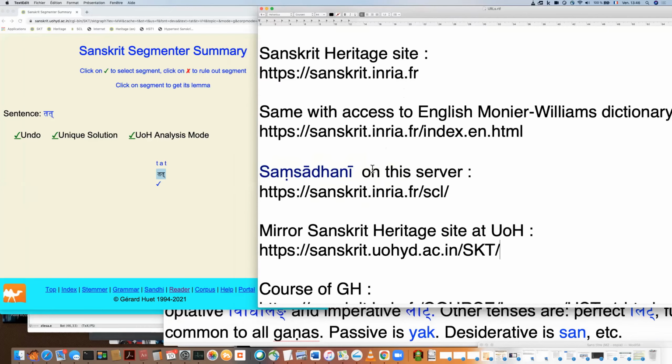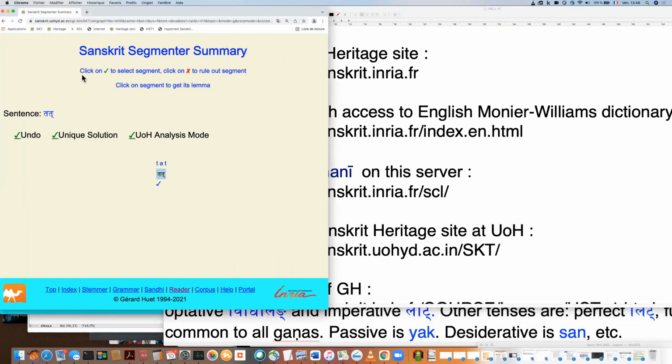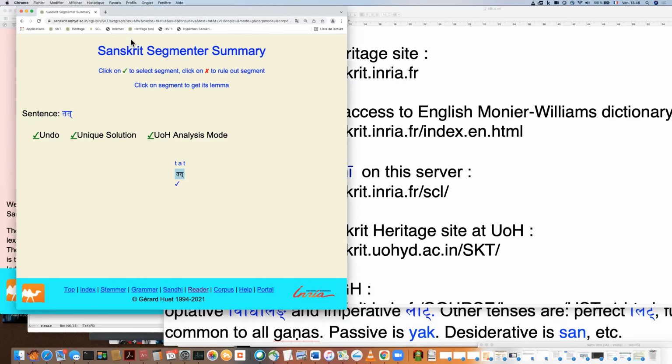Okay, so I understand the question now. Madam, when you're on your navigator, you can type in the URL. You have shown "tat" in this segment. What analysis have we done from this link?